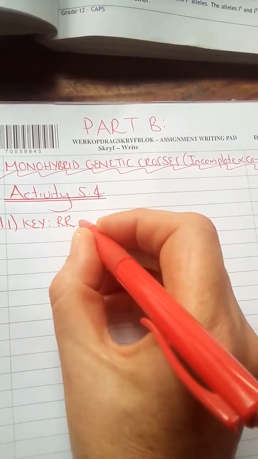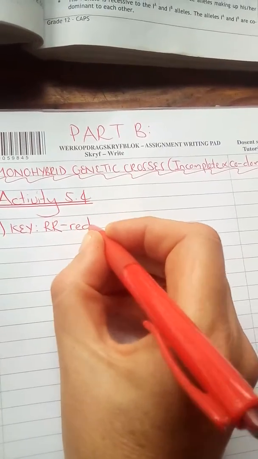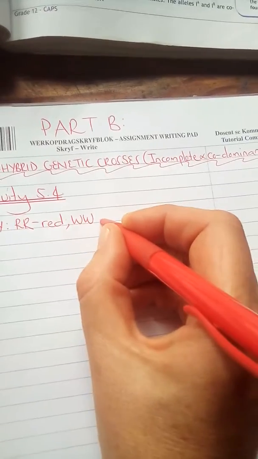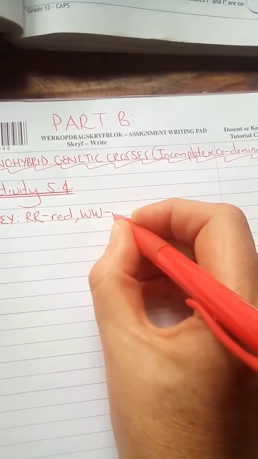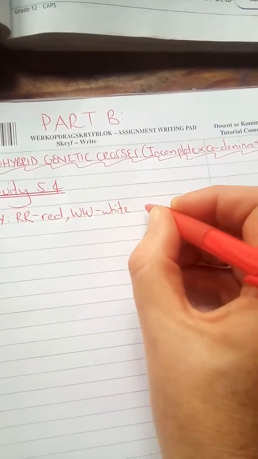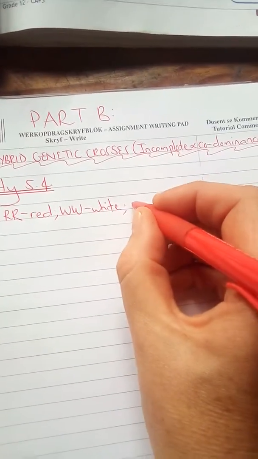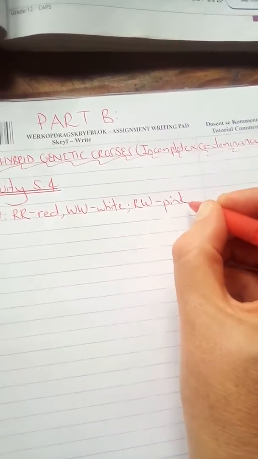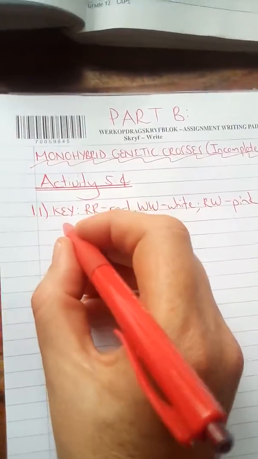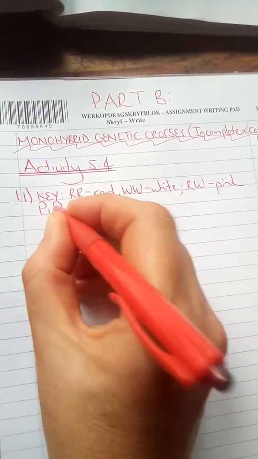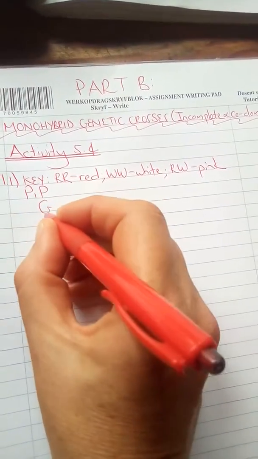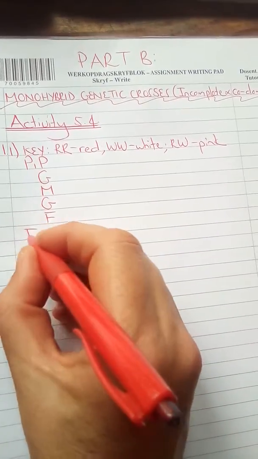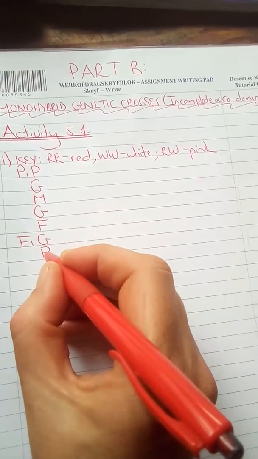Capital double R for red, double W for white, RW for pink, and then we set it out. Pip got me greedy for fig pie.